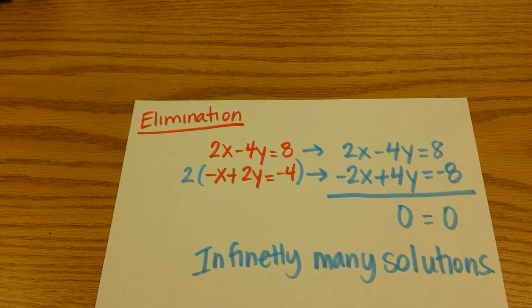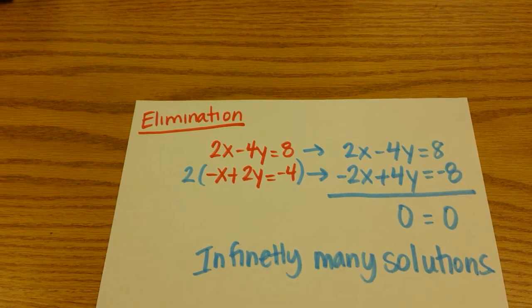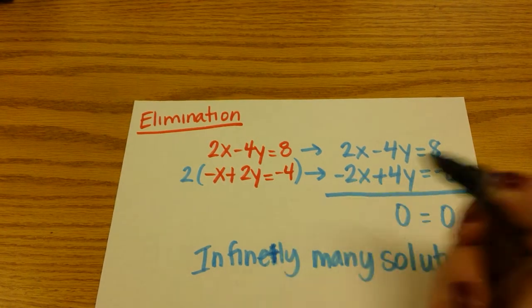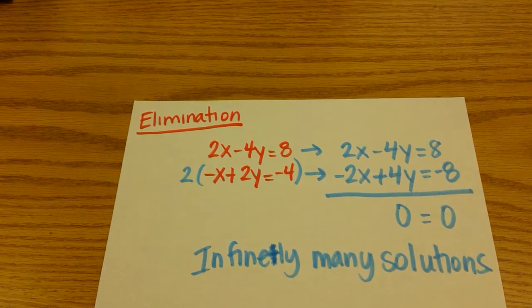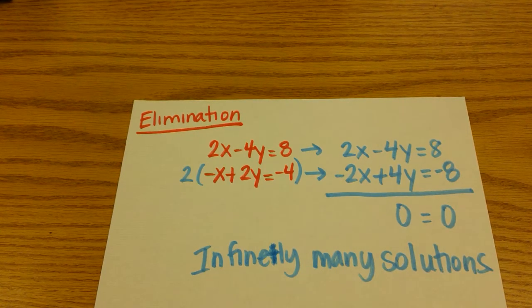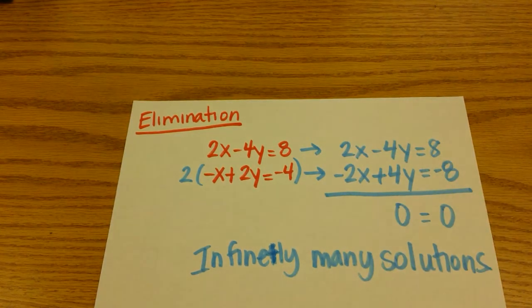Alright, so if there's infinitely many solutions, which I spelled wrong, sorry, we would just write infinitely many solutions. And basically what happens is these two equations are the exact same line.